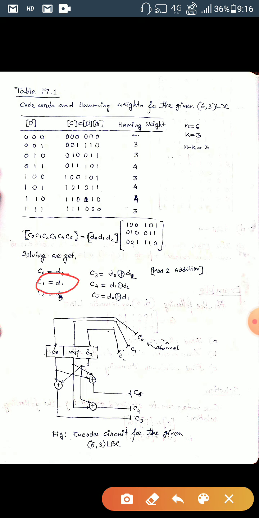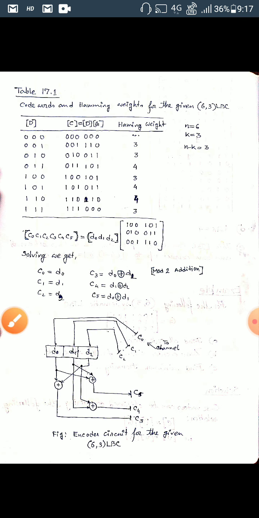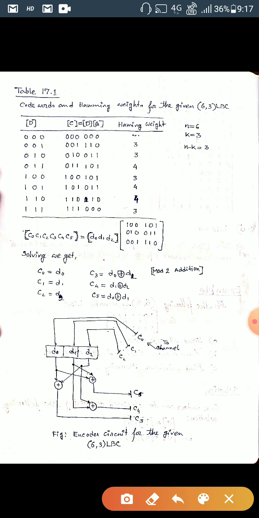This is D1, so D1 is directly connected with the C1. For the C2, D2 is directly connected with the C2 channel. Now for the C3, this is XOR between D0 and D2. Look, D0 and D2 are used there to get the value of XOR.